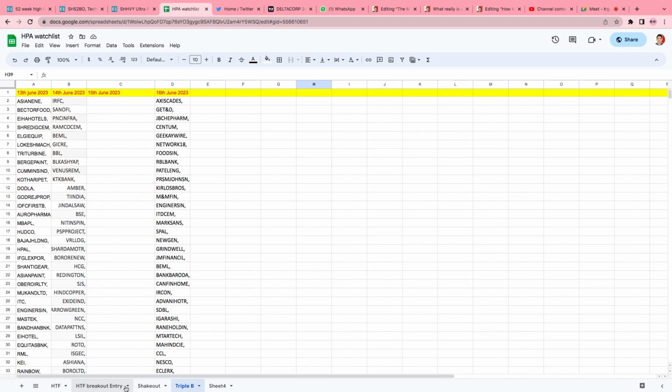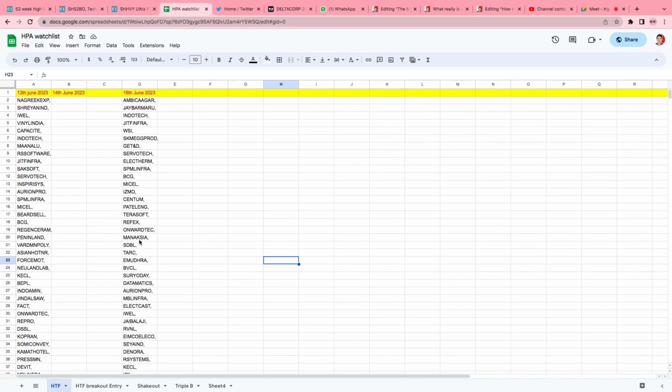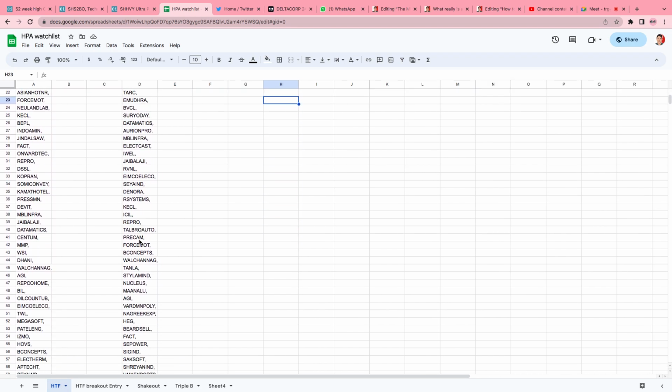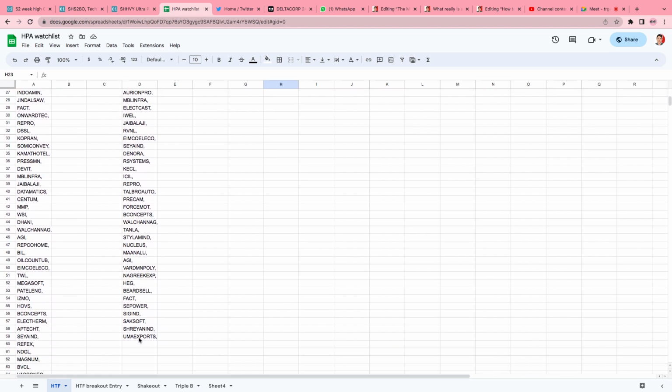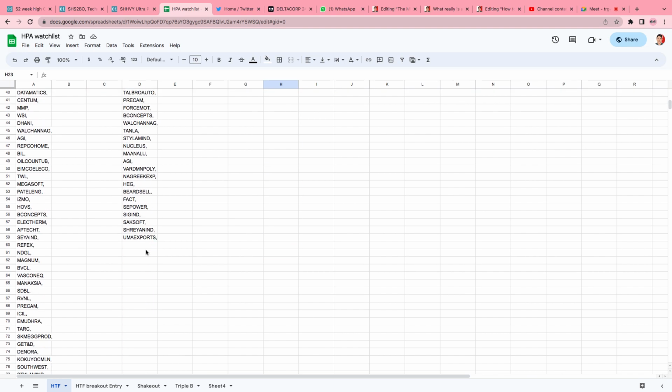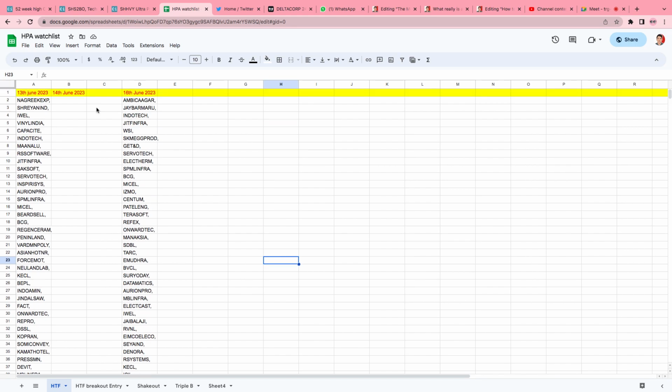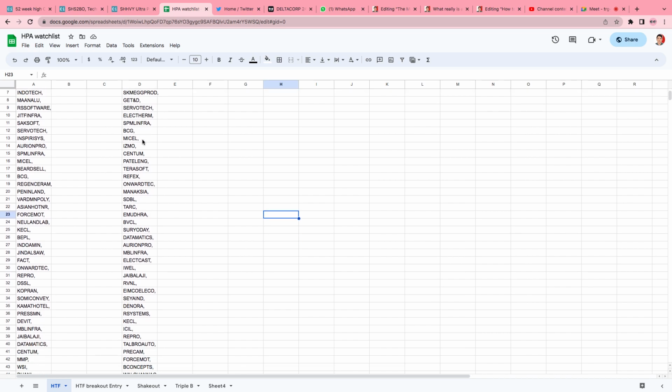And in due course of time, depending upon what the people in the HPA group require, I will add more tabs here. So for example, right now we have an HTF tab. All of these names will be the high tight flags in the market. And to be honest, this itself is enough for us to catch the leaders. Why? Because in the high tight flag list, one of the conditions is that it has to be not more than 25% below the 52-week high.